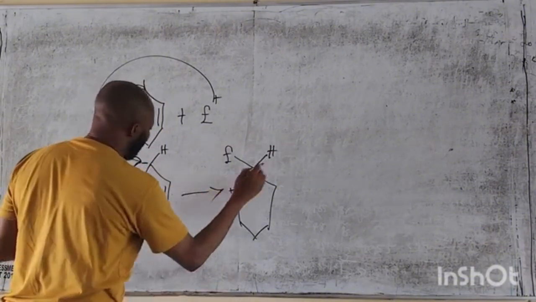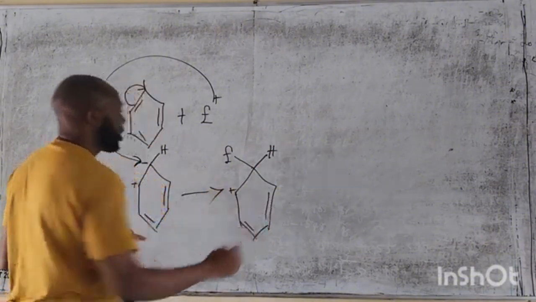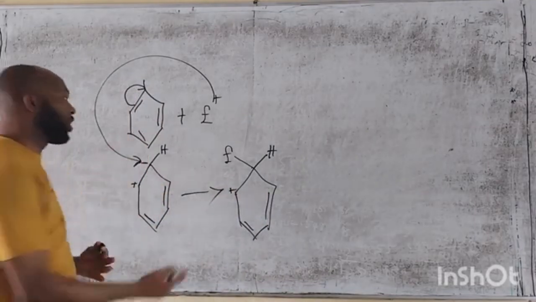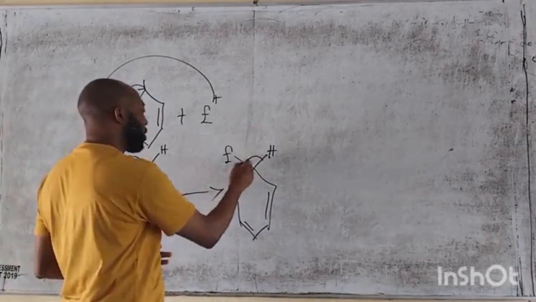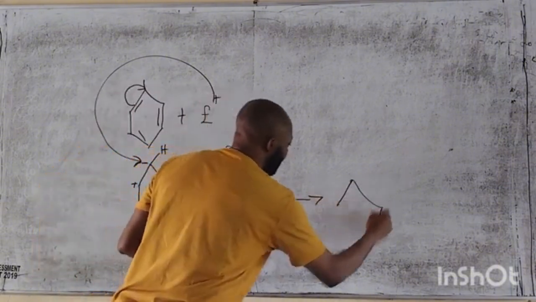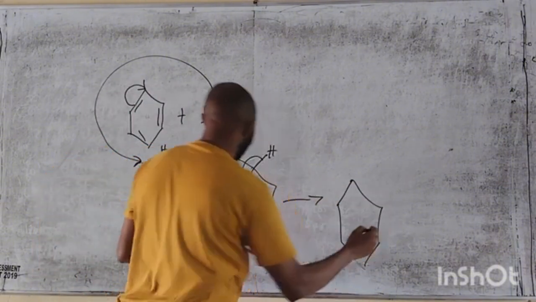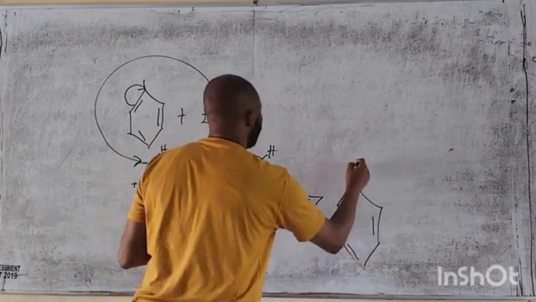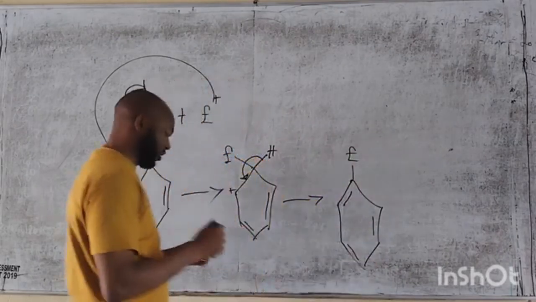And now this is my positive, this and this. With many other steps which will be taken from the canonical set, you will see how this will have to come in here finally, which will give me my benzene ring back in its form. I'll show you how that works. But for the time being, this becomes my reaction.